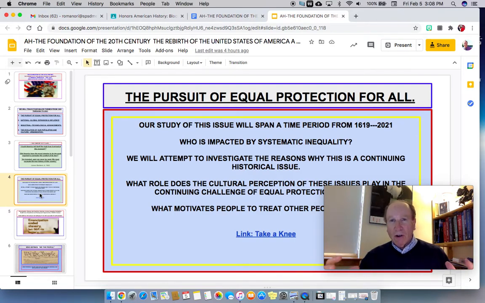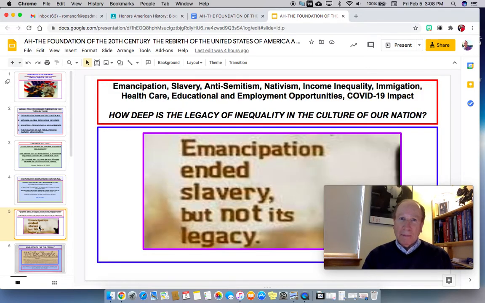People led into the circle, then excluded from the circle, but it's always a struggle. Those in power want to maintain their power. Those in control want to stay in control. And there's a constant tension between those who are sitting at the dining room table and those who want to join at the dining room table. And that's what we'll be dealing with.